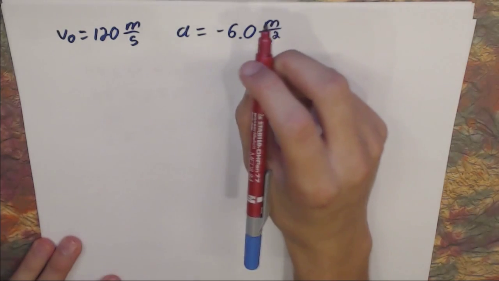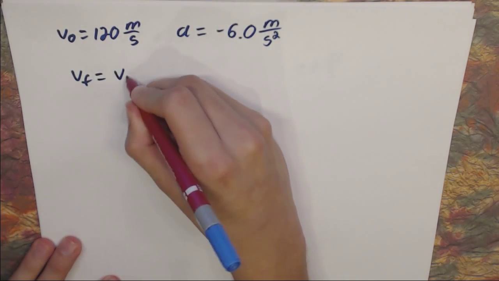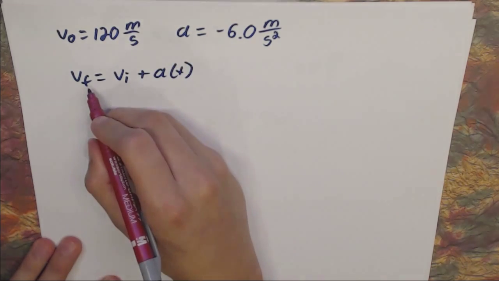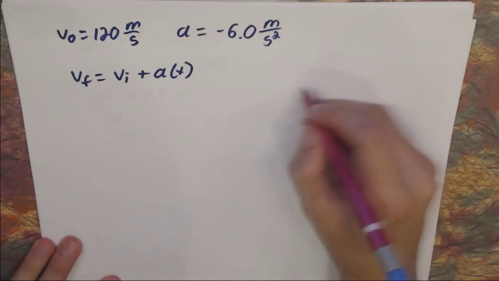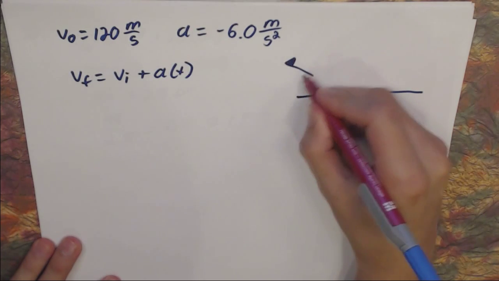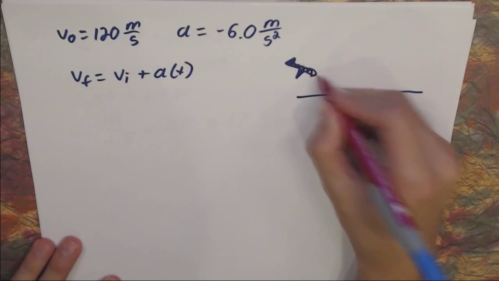And so we're going to use V final equals V initial plus acceleration times time. So our V final means at the end of the runway, here's our runway, here's a plane. Woo, plane.